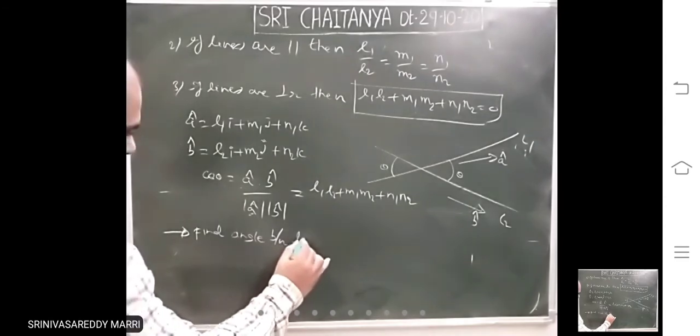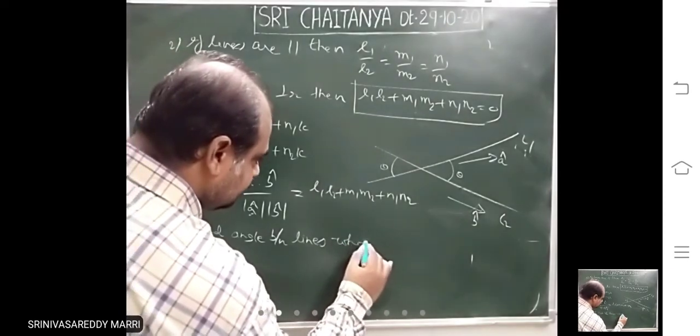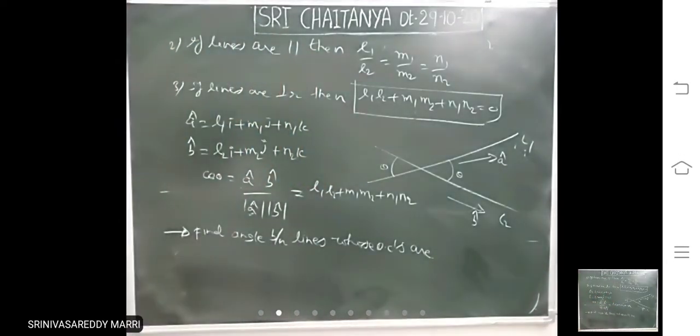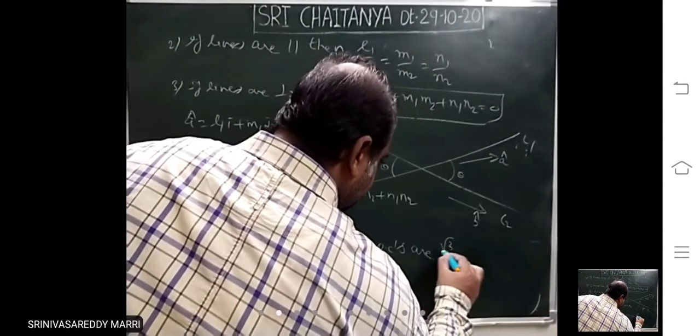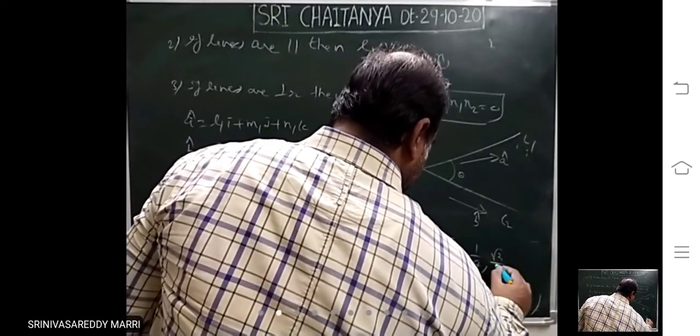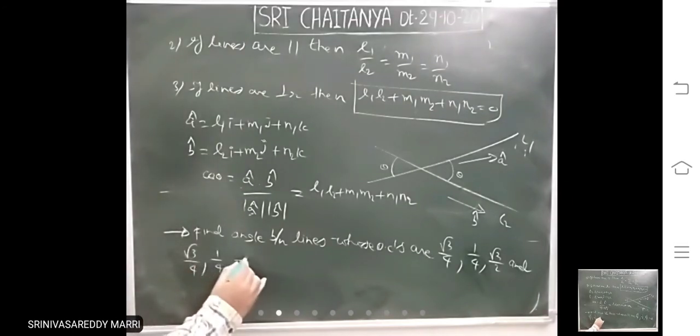Find the angle between lines whose DCs are given by root 3 by 4, 1 by 4, root 3 by 2 and root 3 by 4, 1 by 4, minus root 3 by 2.